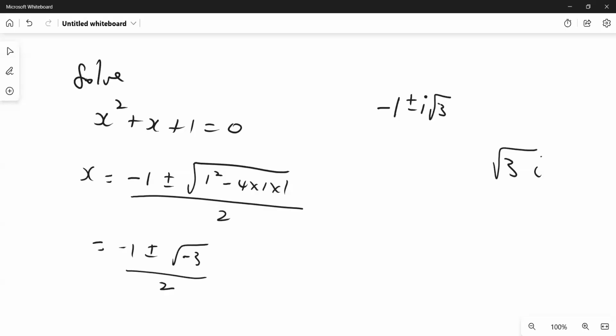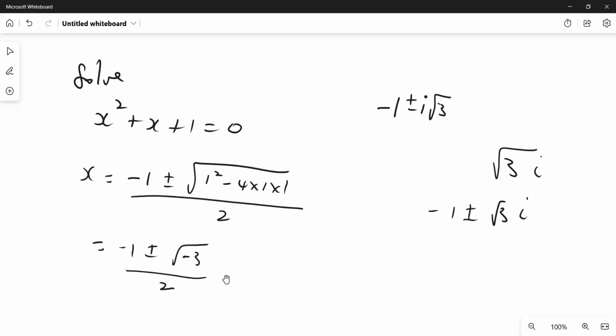Some textbooks would write it like that. There are books that would very well write this, and they'll be careful. They might write minus 1 plus or minus root 3 i. I've seen that before. But just for safety, so that you don't put that radical sign over the i, you can put it in front here: i root 3. Minus 1 plus or minus i root 3.